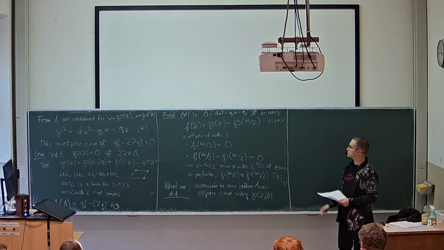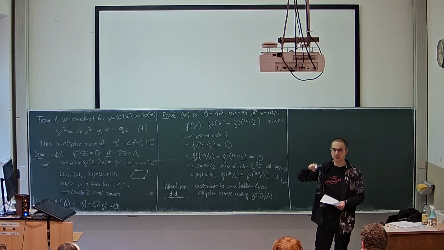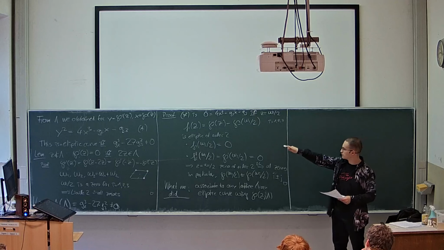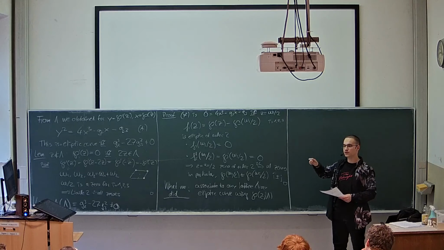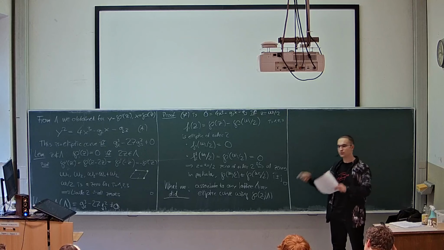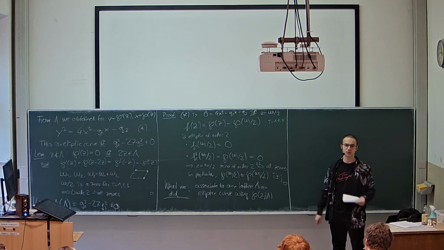So what we actually want to show in the end is the set of elliptic curves up to isomorphism as defined in the first exercise sheet, so some scalar invariants of the coefficients, are in one-to-one correspondence with lattices up to homothety. So what we want to show is up to homothety and isomorphism we can always find corresponding things.